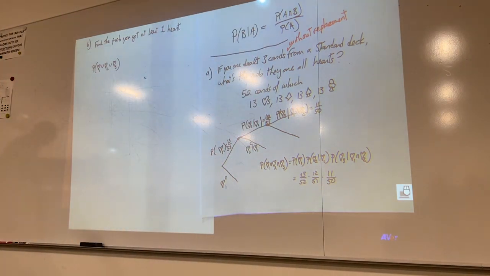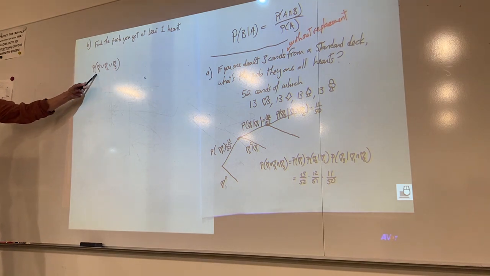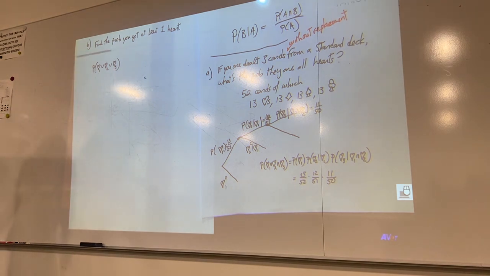But when you get a union like this and it gets particularly nasty, you've got event 1, the first heart, your second heart, your third heart. Looking at all of that, at least one heart might be easier to look at differently.